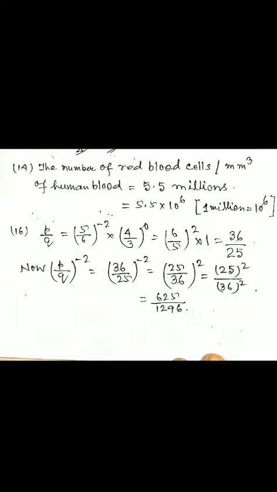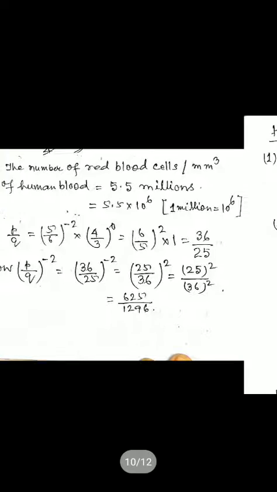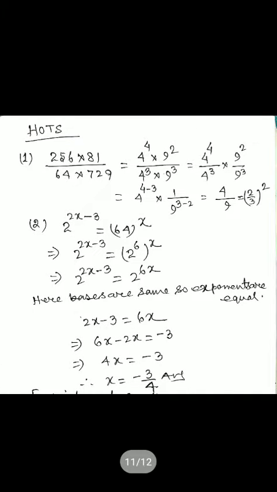Now (P by Q) raised to the power minus 2 can be written as (36/25) raised to the power minus 2, equal to (25/36) whole square, equal to 25 square by 36 square. 25 square equals 625 and 36 square equals 1296.